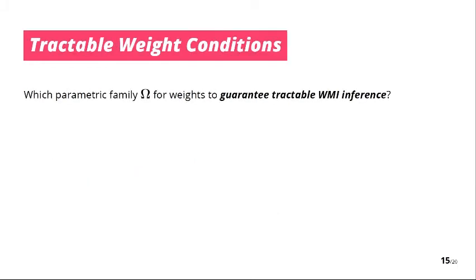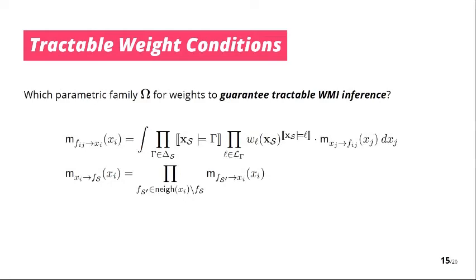Given the explicit formulation of messages, this question naturally arises. Which parametric family should we choose for the weight family to guarantee tractable WMI inference? This question is important because the weight family decides whether we could compute these messages both exactly and efficiently. We showed that to guarantee the tractability of WMI problems, the weight function family needs to satisfy some conditions, which we call the tractable weight conditions.